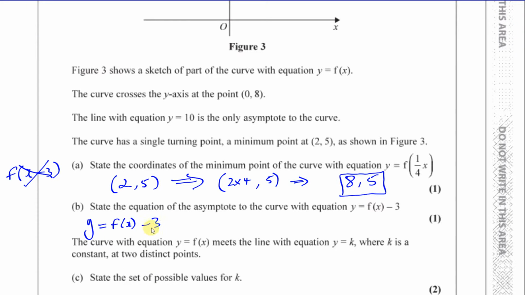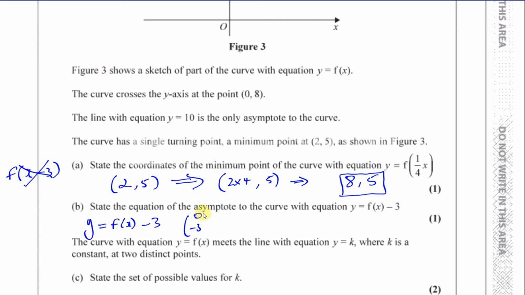When something's outside the function, it acts in the way we normally would expect. So f of x minus 3 is a vertical translation of 3 units down. You take the x value and leave it as it is, and from the y value you take away 3.